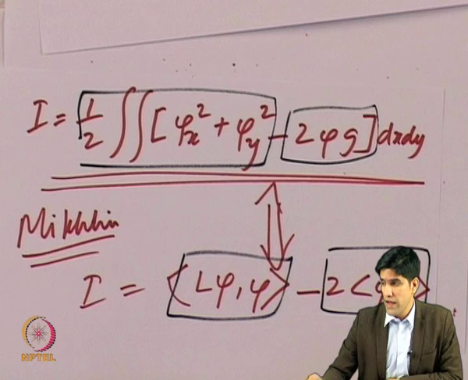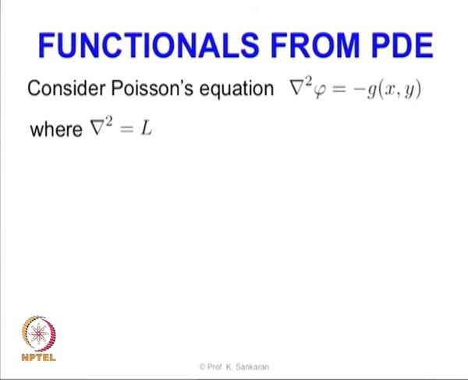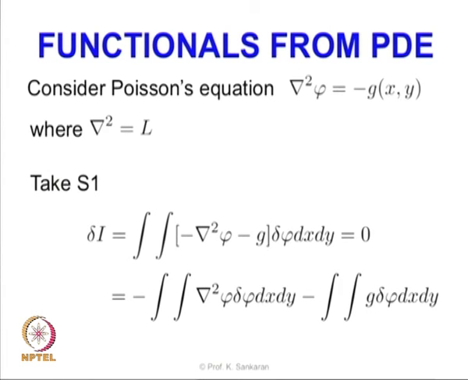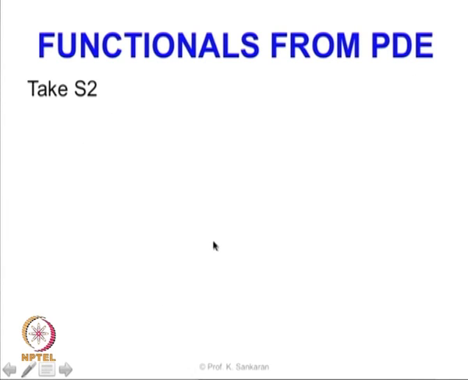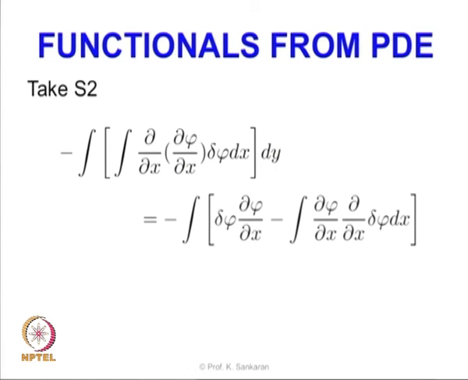So let's summarize what we have seen now in the form of a slide here. We started with the Poisson equation and we did step 1, where we multiply with a small variation given by this particular term, and this is equal to 0, and we call this particular integration del of I. We split the terms, take the bracket out, and then apply step 2, where we use integration by parts.